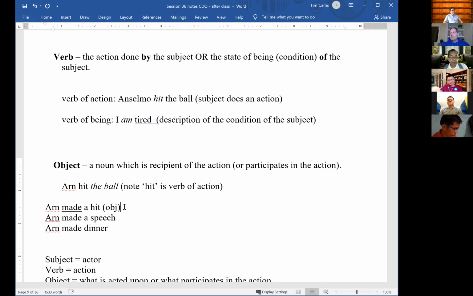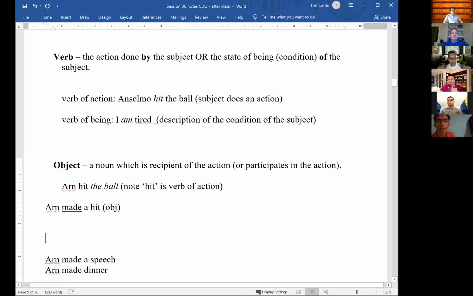Remember in English, I don't know how it is in Visayan, but in English, you'll have several words that can function like a verb or a noun depending on the context. I think we talked about that a little last week.